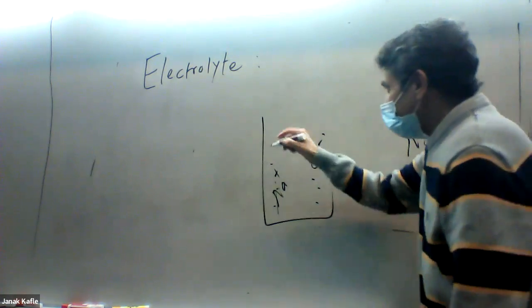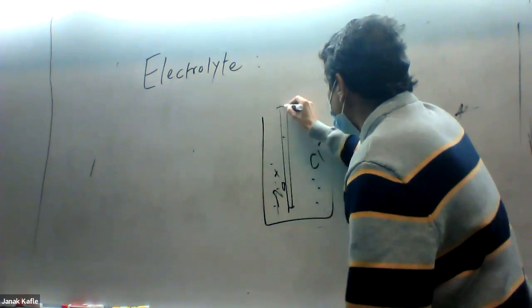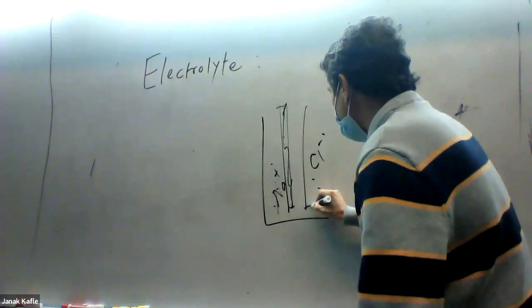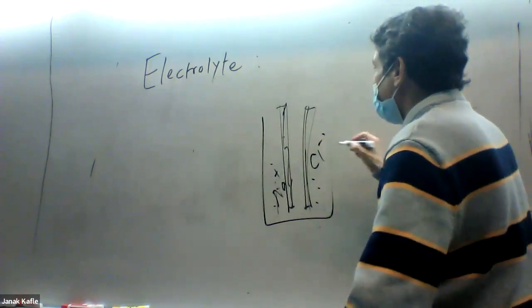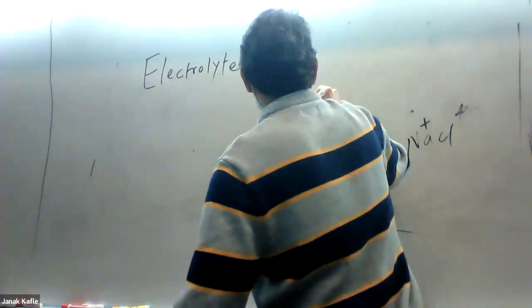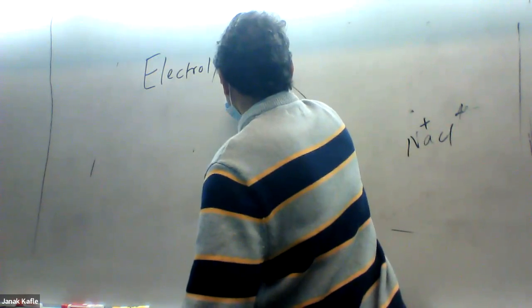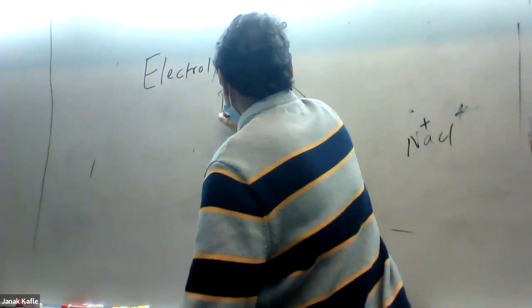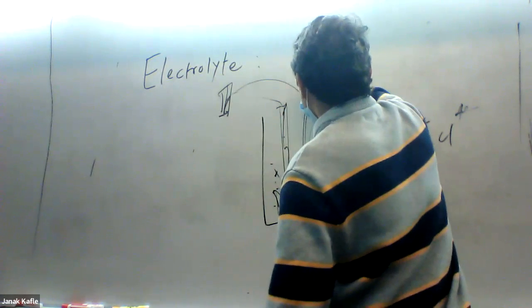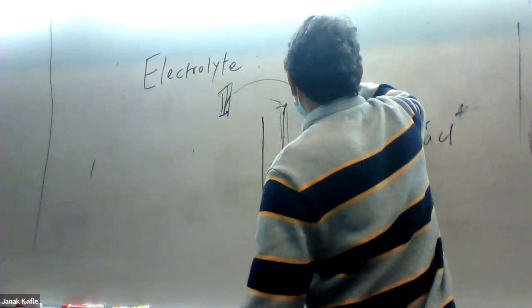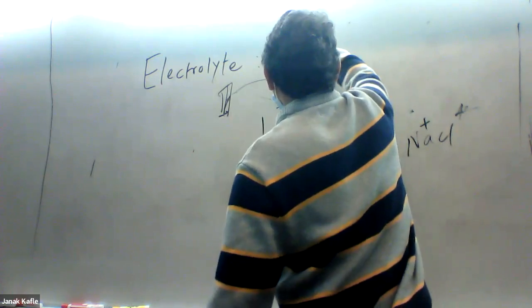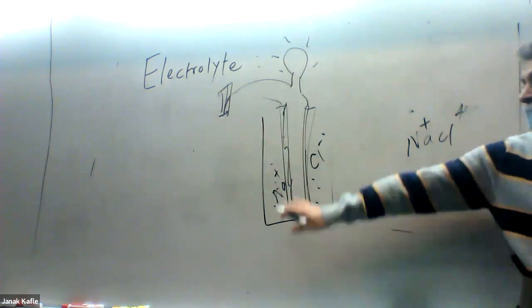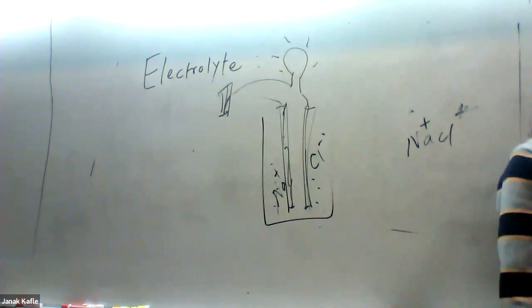And if I put two electrodes here, let's say this is a copper piece, this is another copper piece, and I connect it to the plug here, and you put an electric bulb here, it gives light. So like this. This is called electrolyte. Make sense?